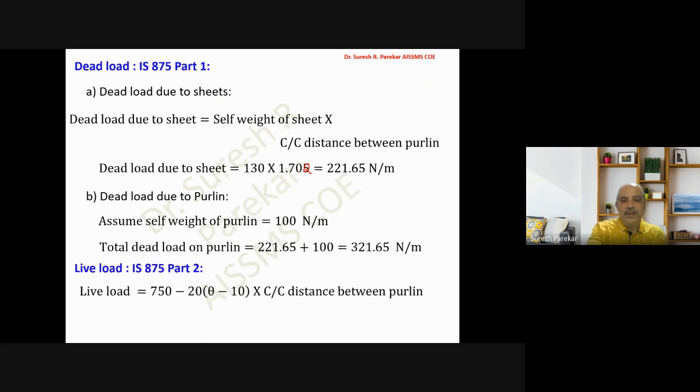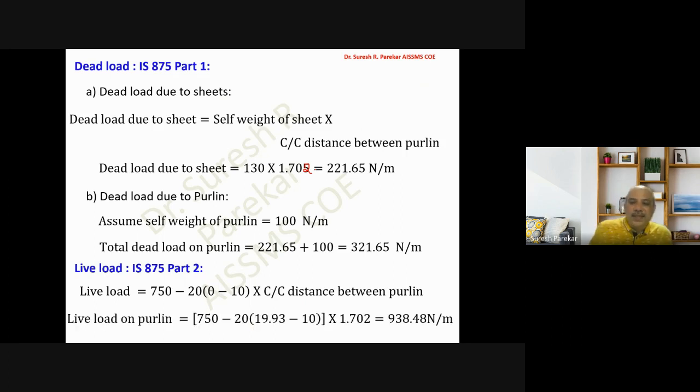Then we have 750 minus 20 theta minus 10, into the center to center distance between purlins. You can take this as plan distance also, but in most of the books I have gone through, they have taken center to center distance.